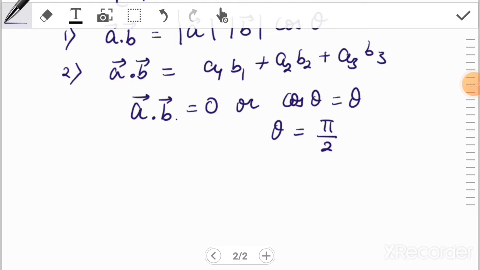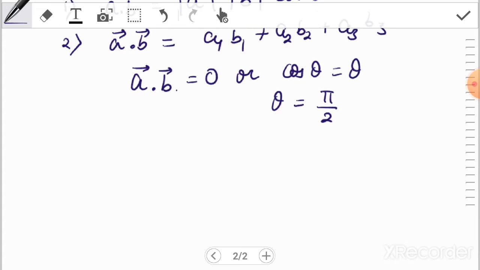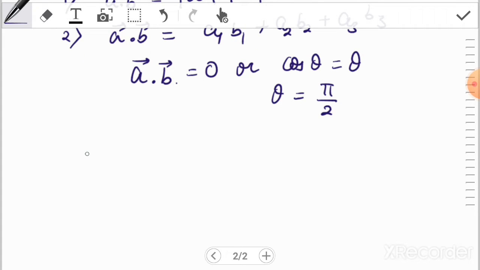So in connection with rotations, we require a product of two vectors which is again a vector. So let us study the cross product, which is a vector product.